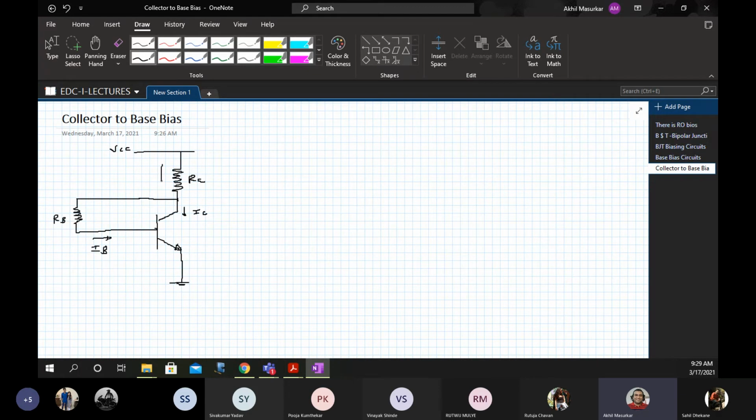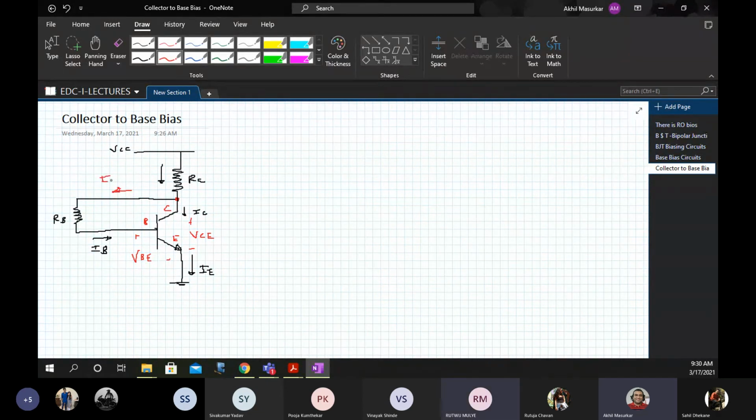So can anybody tell me how much is the current flowing through RC? What is the current flowing through RC? So here it is IC.